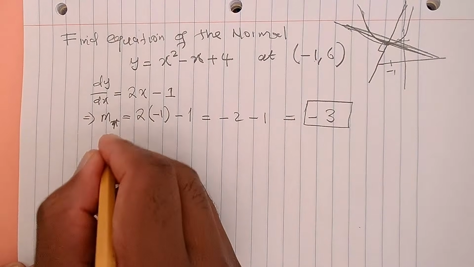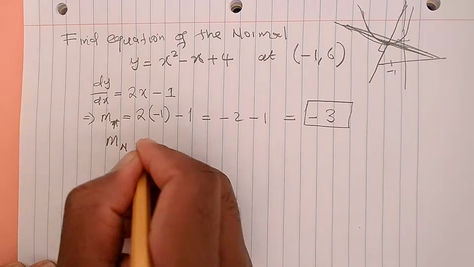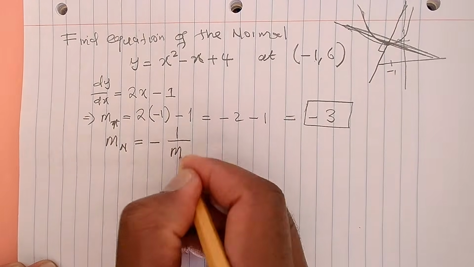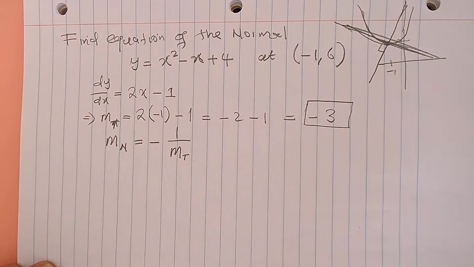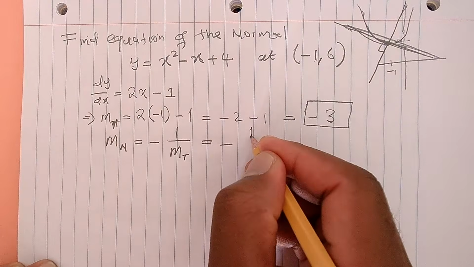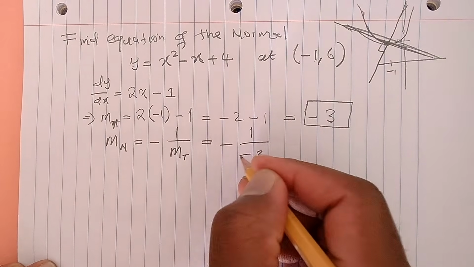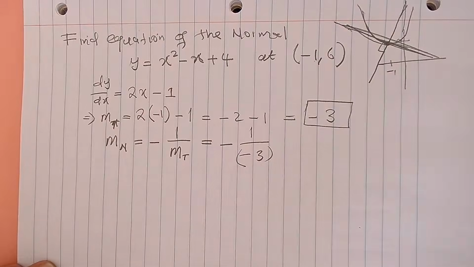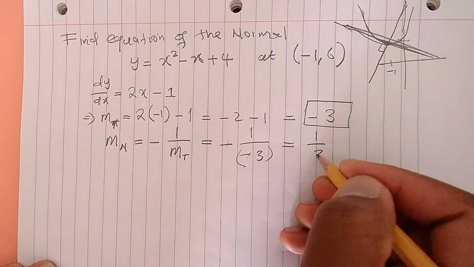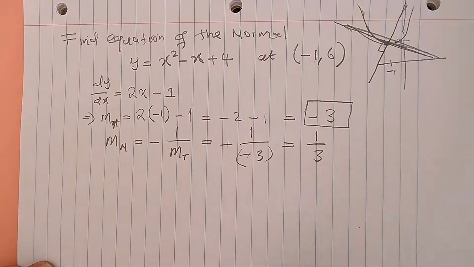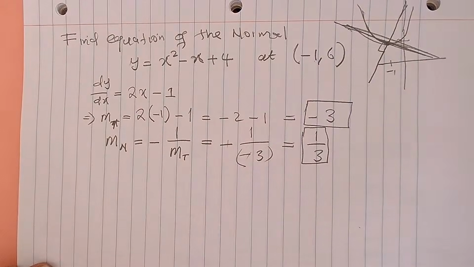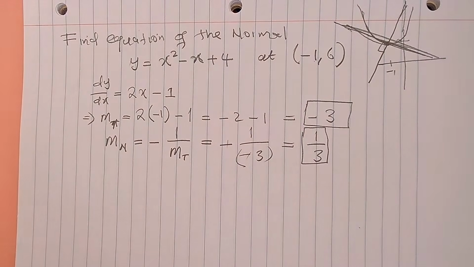So therefore, the slope of the normal is minus 1 over the slope of the tangent. So this will be minus 1 over negative 3. Negative and negative becomes a positive, so 1 over 3 is the slope of the normal for this problem.